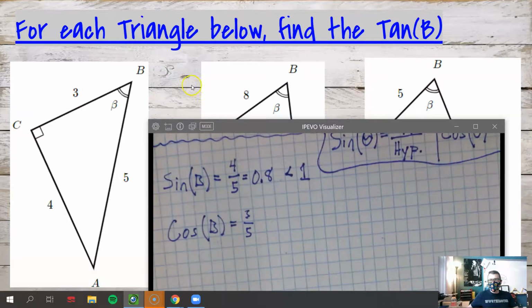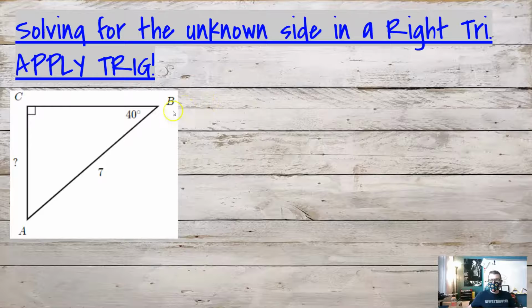So let's look at what in the world I mean. If we were given a 40-degree angle and a hypotenuse of 7, please copy this triangle real fast. Doesn't need to be pretty.